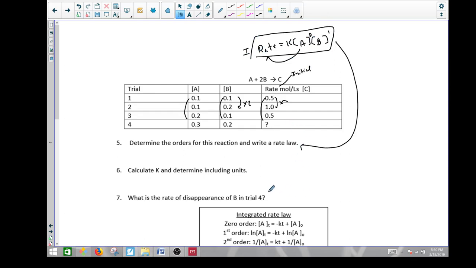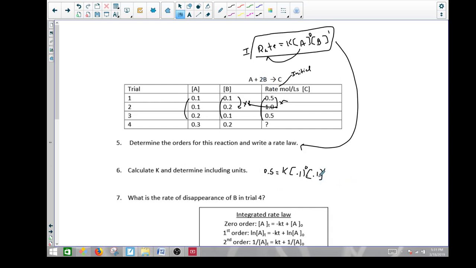Okay, calculate K, including units. You should be able to do this. Let's just pick trial number 1. 0.5 equals K times the concentration of A, which is 0.1, and it's zero order, so you could take it out entirely if you'd like. Then the B concentration, 0.1, is squared, but I'm going to first just finish this problem up here and we'll get back to that.